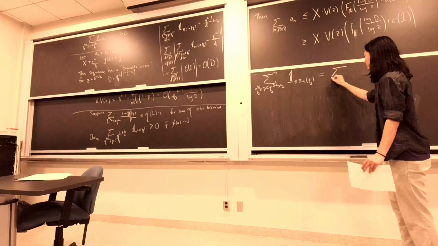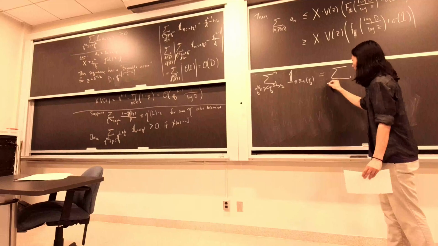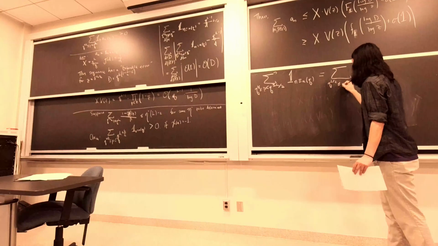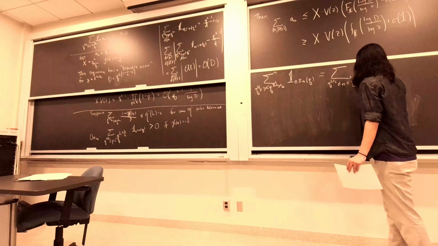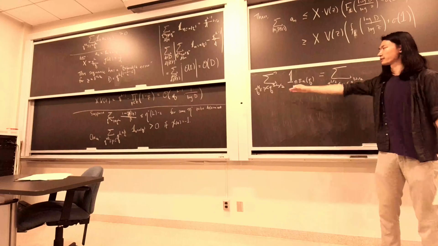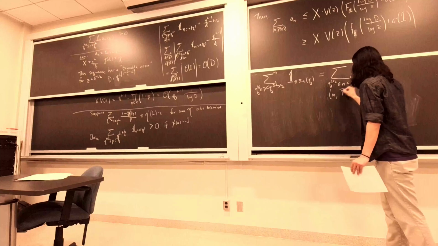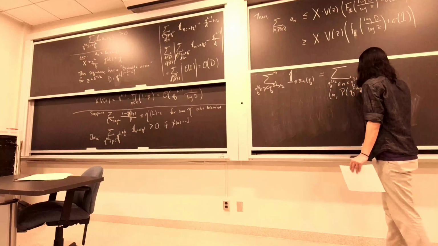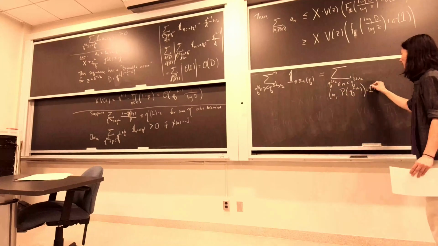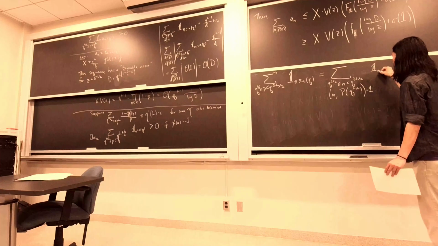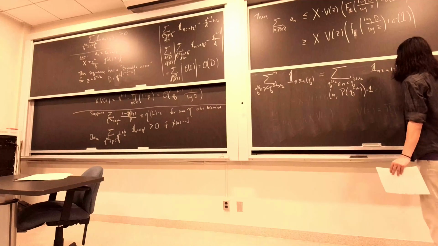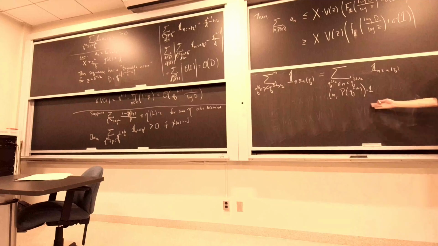This is precisely equal to the n in this range that do not have any prime divisors less than q to the L over 2. So the condition is that the gcd of n and the product of primes below q to the L over 2 is 1. And this will be, again, the indicator that n is A mod q. Okay. So, like I said, these guys are not the primes, right?